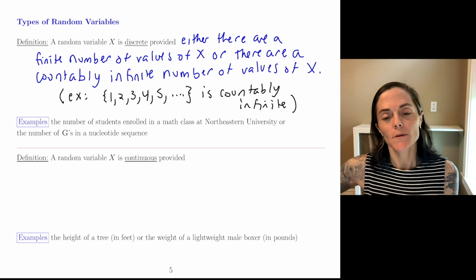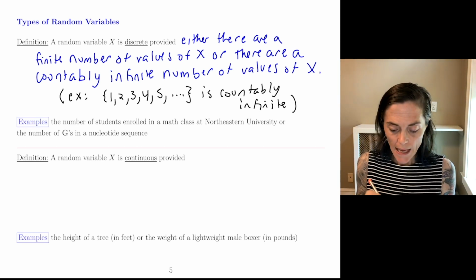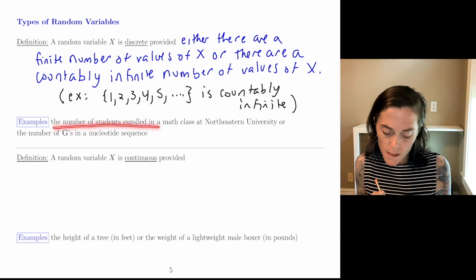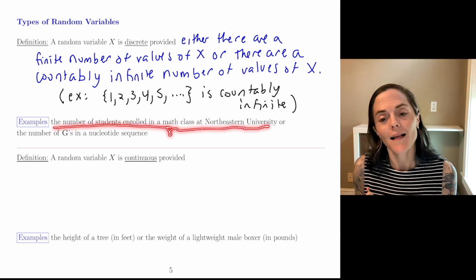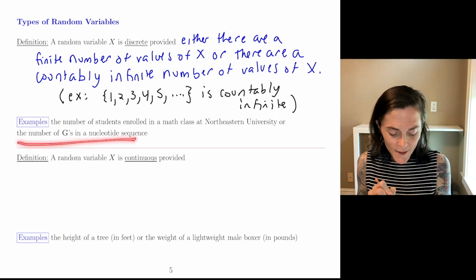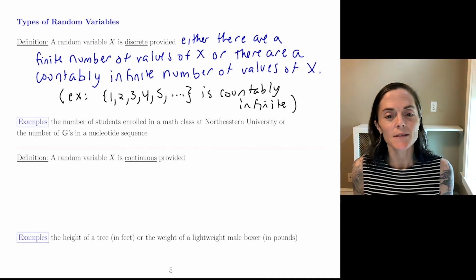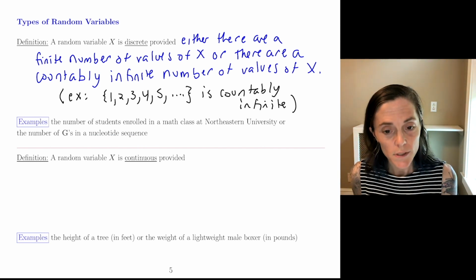So, some examples of discrete random variables. We just saw one on the last page, but another one would be the number of students enrolled in a math class at Northeastern University, or the number of Gs in some nucleotide sequence. These are two examples of discrete random variables.